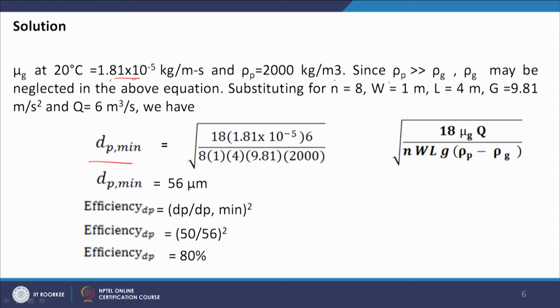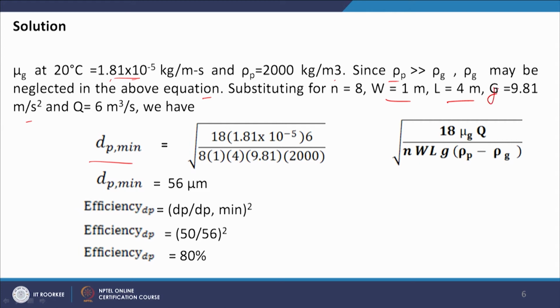Now, since rho p is much greater than rho g, rho g may be neglected in the above equation. Substituting n equal to 8, W equal to 1 meter, L equal to 4 meter as per the statement, and g equal to 9.81 meter per second square.